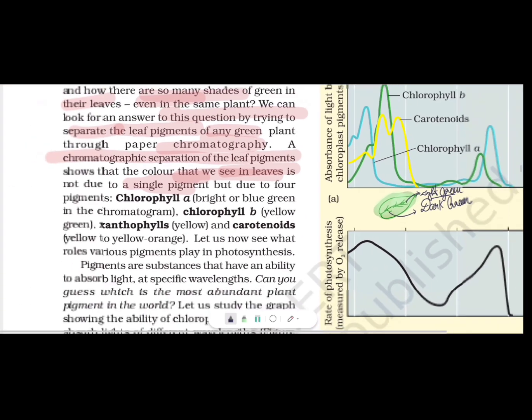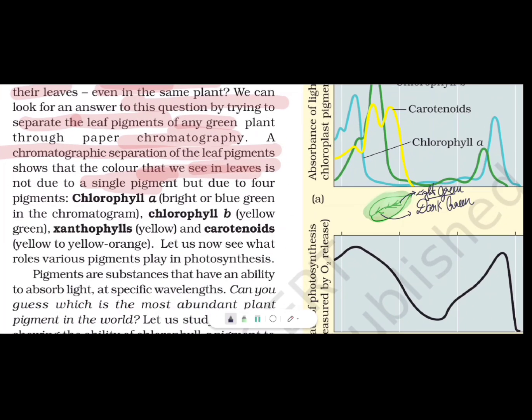It has these shades, right? Dark green and light green. It's not only because of a single pigment, it's because of varieties of pigments. The pigments can be classified as so and so. They are chlorophyll A, chlorophyll B, xanthophyll, carotenoids.